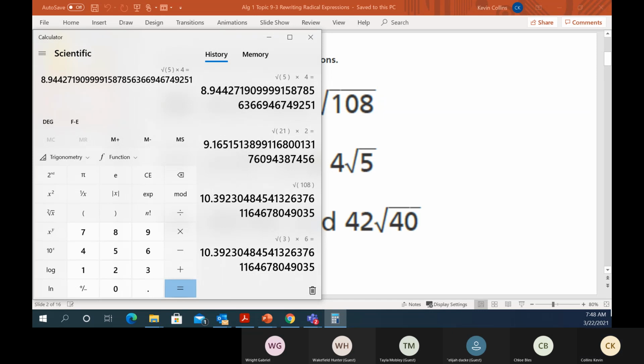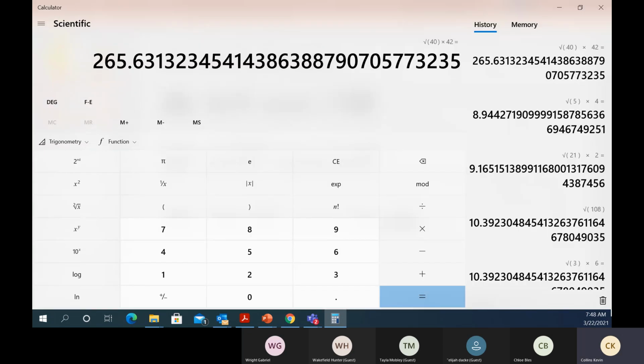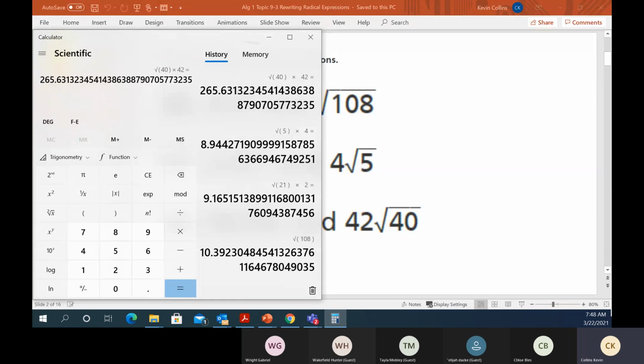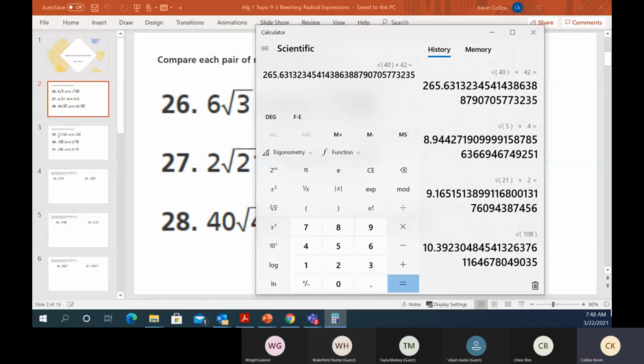Okay. So let's take a look at the last guy. So we'll clear him out. This is the square root of 40, 6.32, and then times 42. 265.63. Okay. So whoops. So let's take a look at the other guy here. Over, there we go. So the other guy is 40 times the square root of 42.